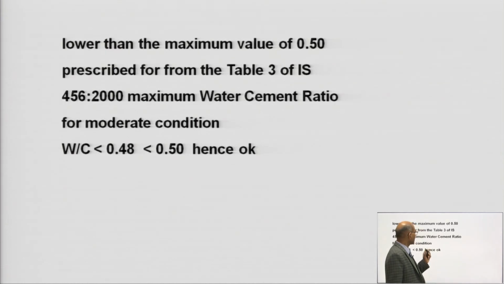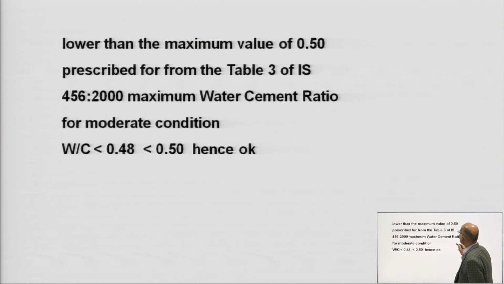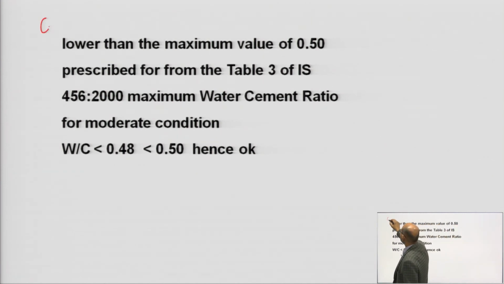Based on that, what we have got is a lower value than required for this value. So, what is the value? Our value is 0.48 water cement ratio, required from the strength point of view.